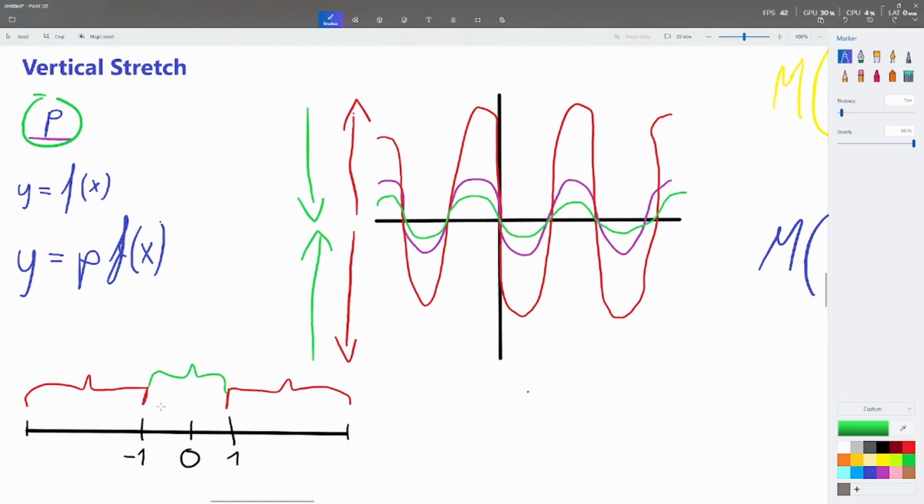And that's about it. That's all you have to know. If it's a decimal number between -1 and 1, then it's going to shrink. If it's smaller than -1 or bigger than 1, then you stretch it out.